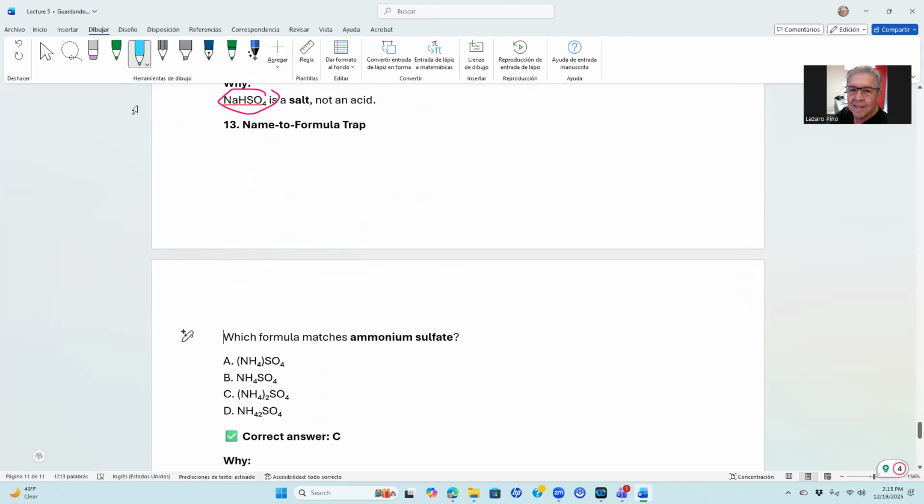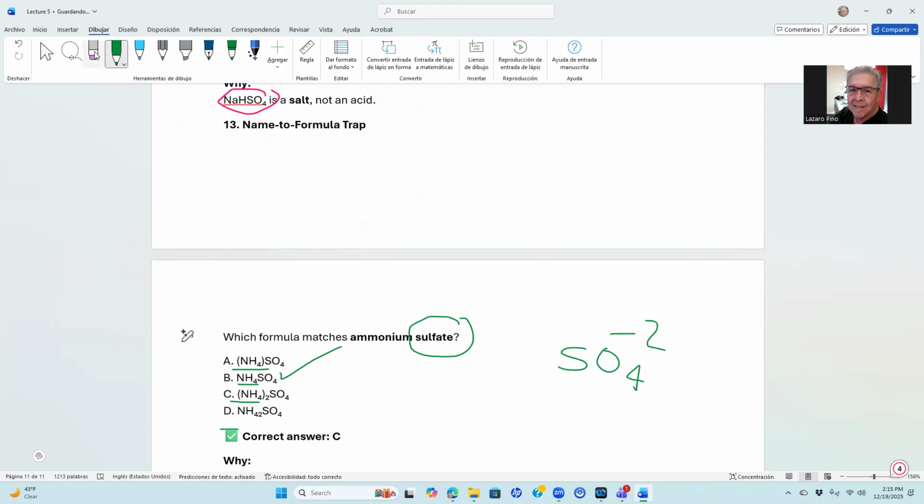Okay, ammonium is okay, ammonium is okay, ammonium is okay, and ammonium is okay. But what I am looking for is sulfate. Sulfate is SO4 -2. Then which one is the correct compound?